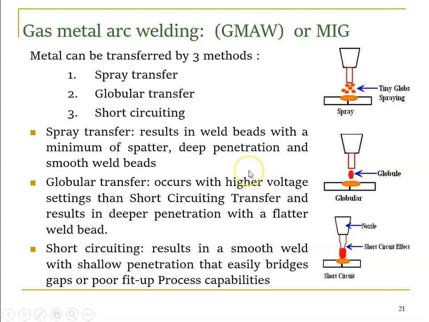For the minimum setting we get spray transfer. If it is a higher setting, we say it's globular, which gives deeper penetration with a flatter weld bead. Somewhere in between, we say it's short circuiting, which results in a smooth weld with shallow penetration that easily bridges gaps or poor fit. So this is how the metal transfers.